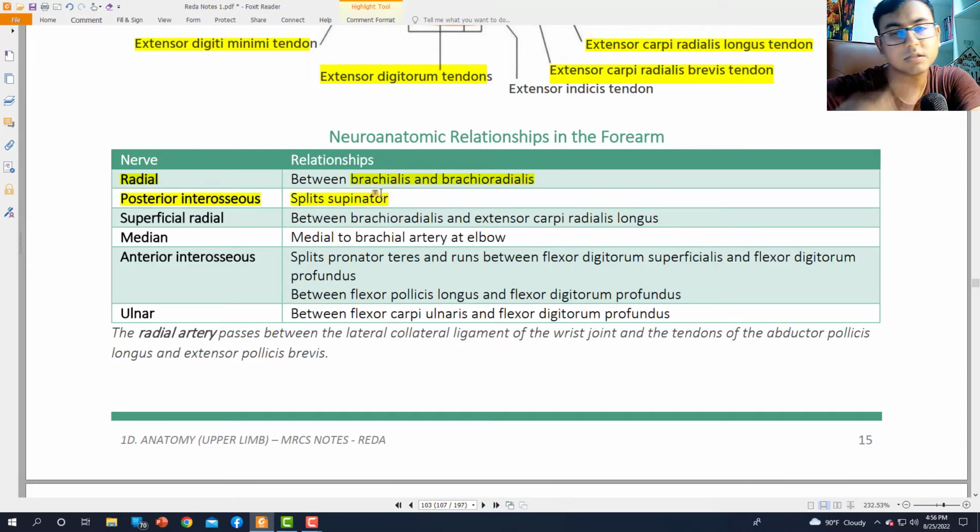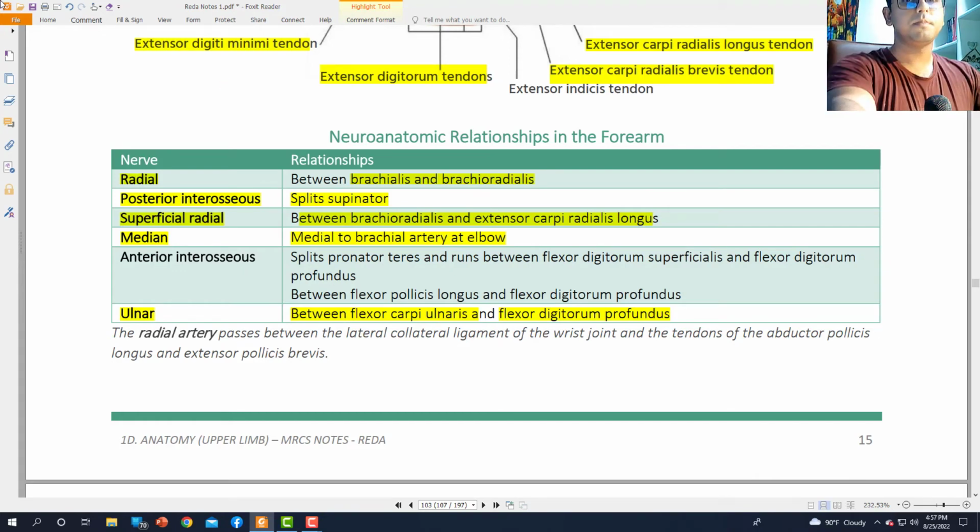The superficial radial is between the brachioradialis and extensor carpi radialis longus, and the median is medial to the brachial artery at the elbow. The ulnar is between the flexor carpi ulnaris and the flexor digitorum profundus. So you must remember the ulnar and radial at least.